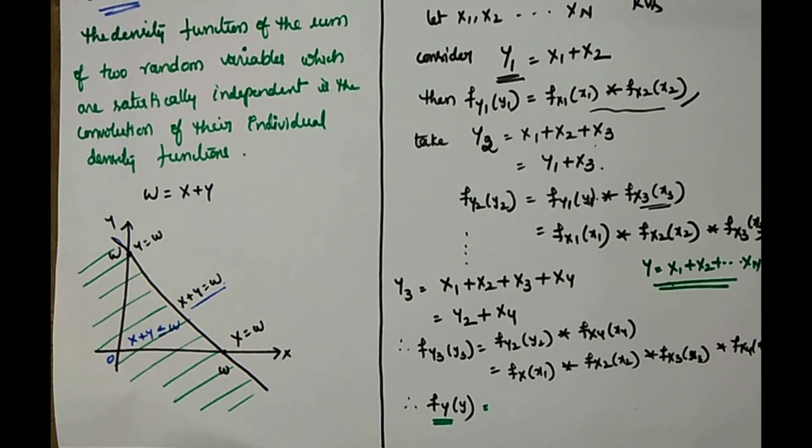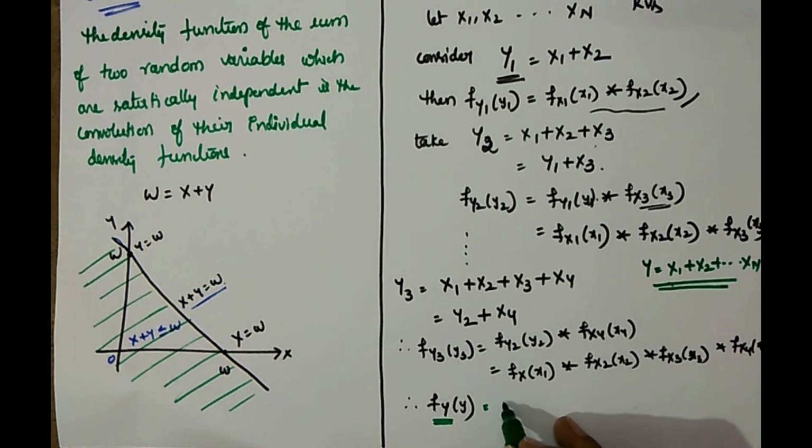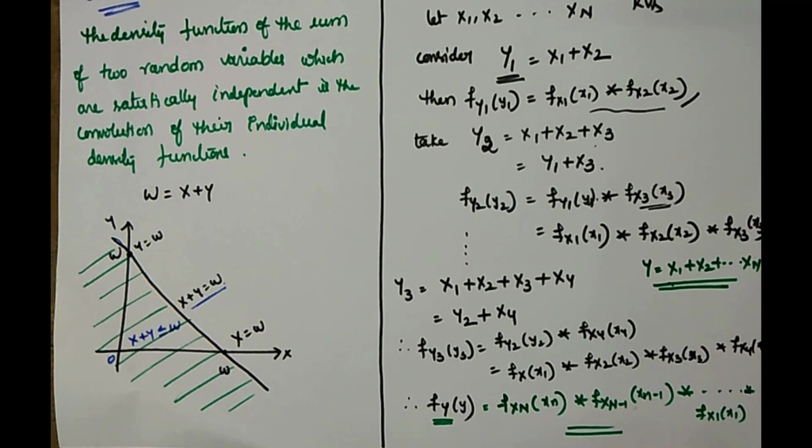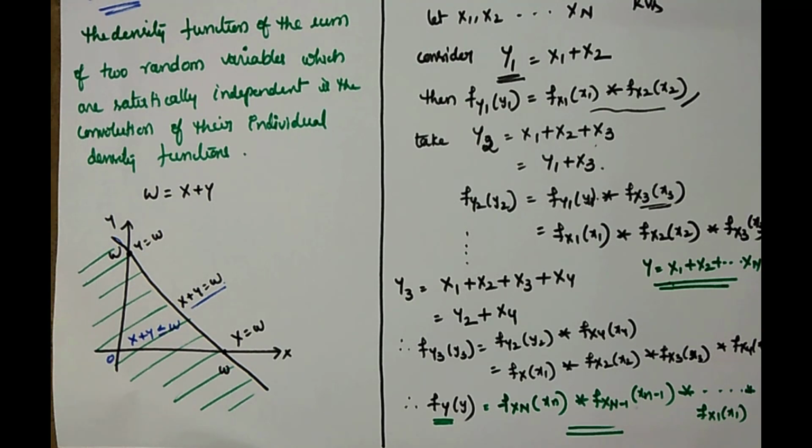So you can write it as fxn of xn convolved with fxn minus 1 of xn minus 1 convolved with, and so on, fx1 of x1. This is the total convolution.